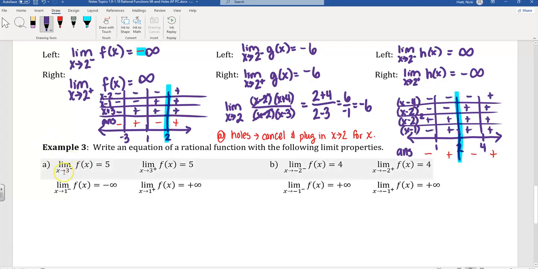They want the limit as x approaches 3 from the left to be 5, and the limit as x approaches 3 from the right to be 5. That's probably going to be a hole at x equals 3, right? And then where are you going to have vertical asymptote for this one?